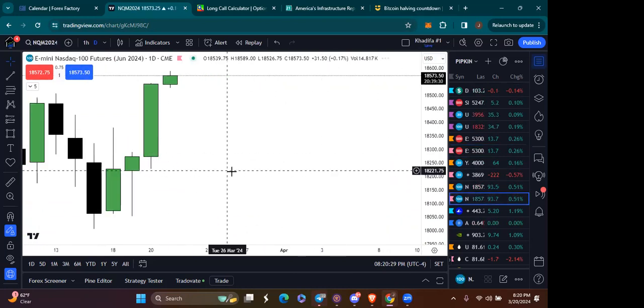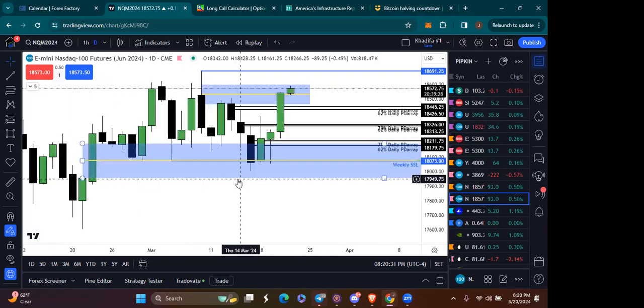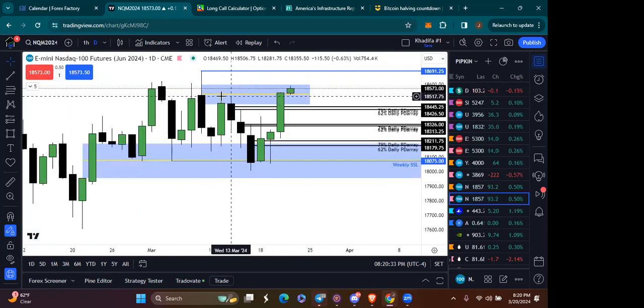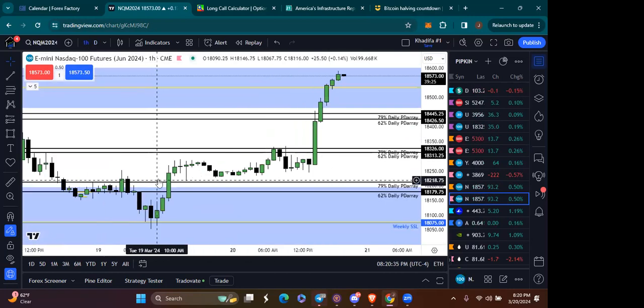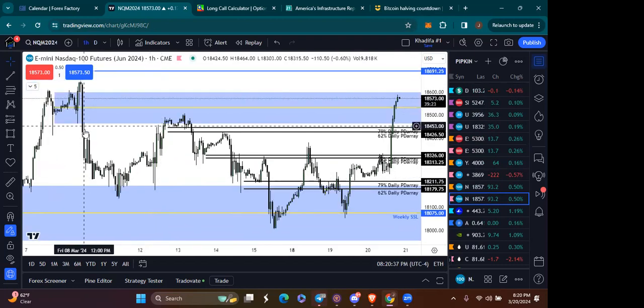Same thing with NQ. This is an hour fair value gap that I got marked right there.